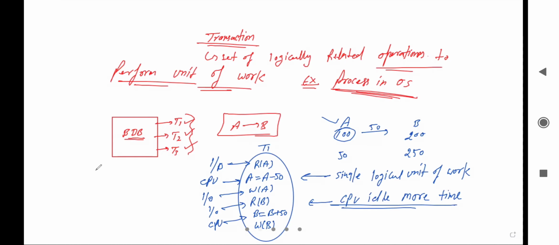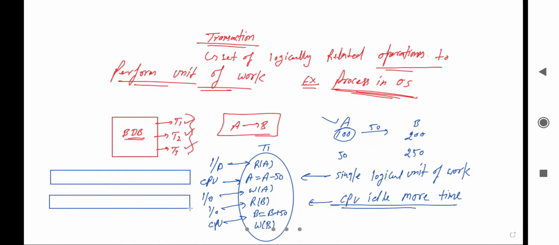So you can think like these are two transactions. This is transaction T1, this is transaction T2, and here it is performing the IO operation, right?